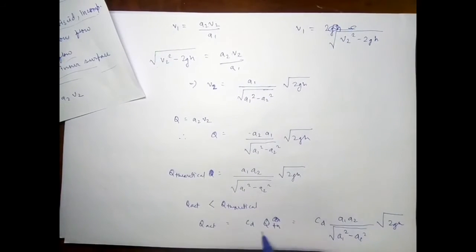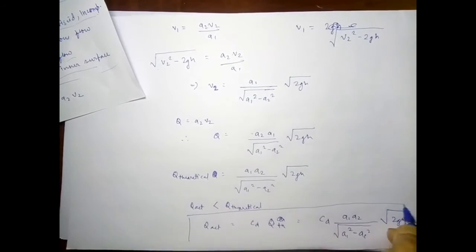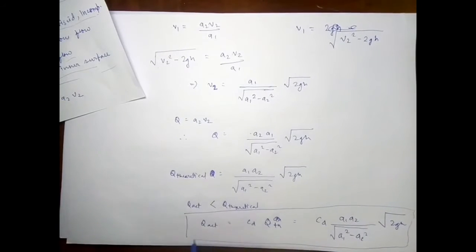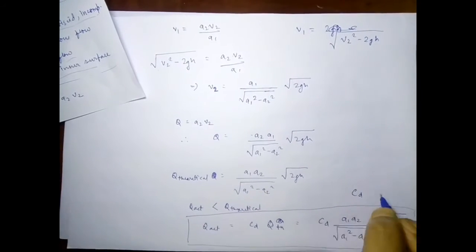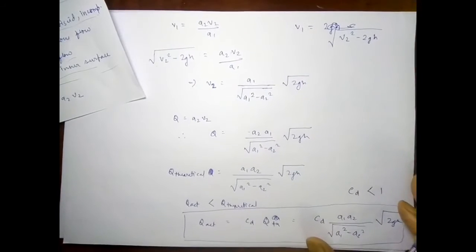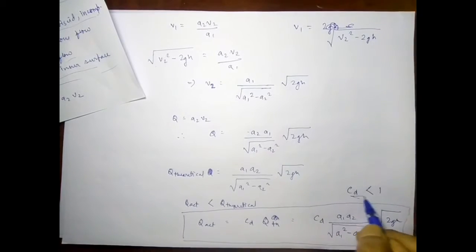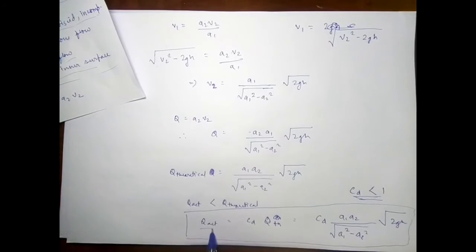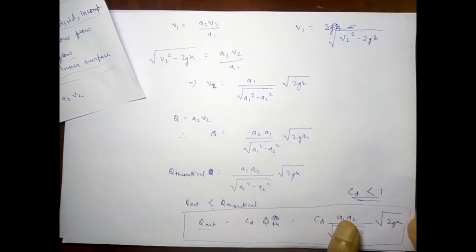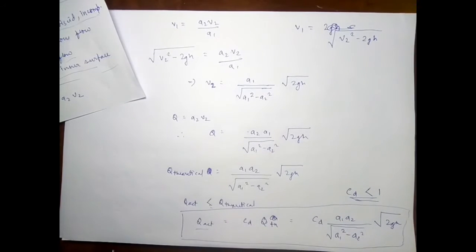And now I'll tell that the value of CD should be less than 1, though its value can be close to 1, but its value shall be less than 1, because Q actual is less than Q theoretical. So therefore CD should be less than 1.